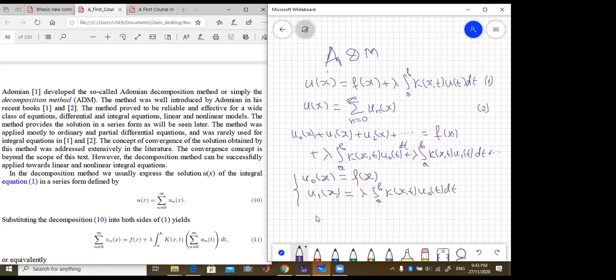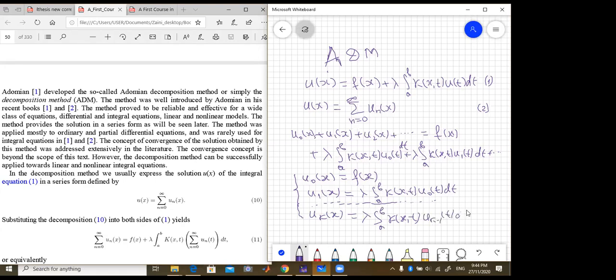I put u0 of t dt just to see the trend. So this is u1, and u2 is the same. Generally, I can say the general term u_k of x is equal to lambda integral from a to b, k of x,t, u_{k-1} of t dt, the previous term.